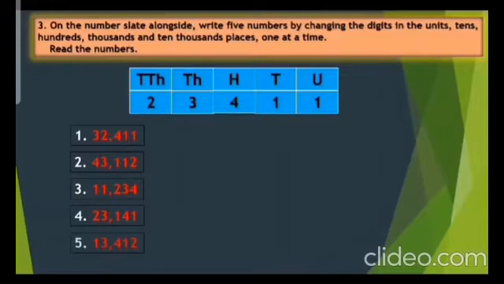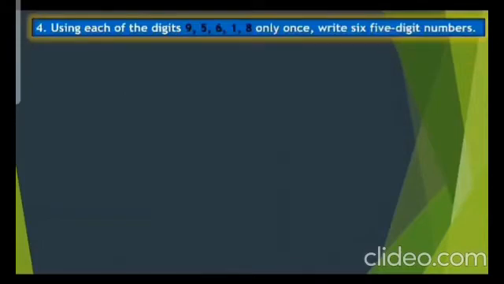Now let us go to question number 4. Question number 4 is, using each of the digits 9, 5, 6, 1, 8 only once, write 6 five-digit numbers. Now let us do the first one. Children, we have to use the digits only once. The first number is 59,618. Second one is 95,681.